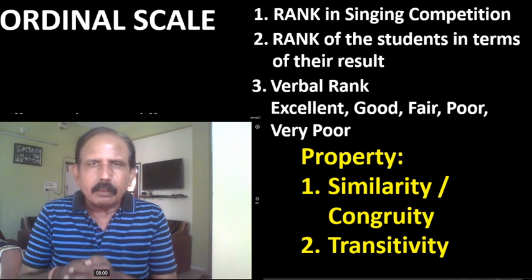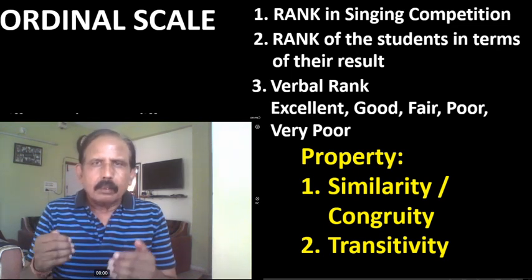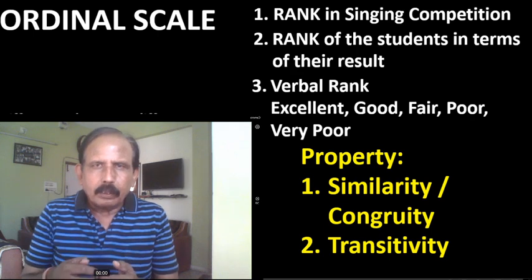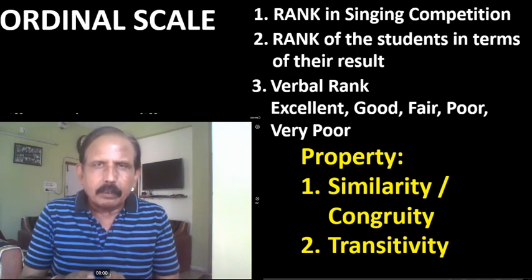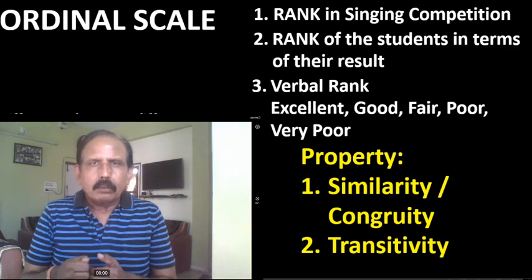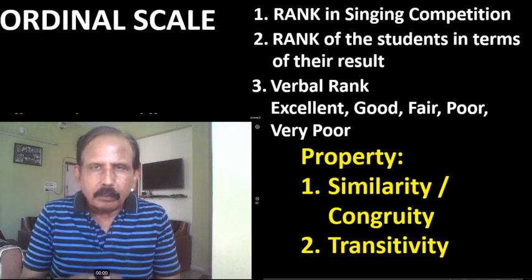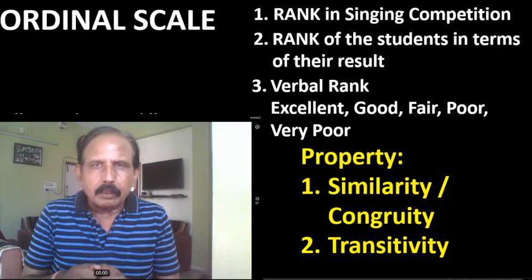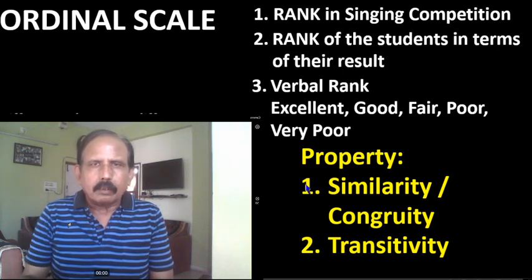It will happen definitely. So the relationship among three elements according to the property of transitivity is maintained here, because this scale has the capacity of arranging the subjects in a particular order on the basis of intensity of characteristic.